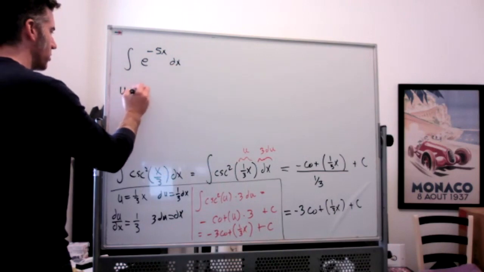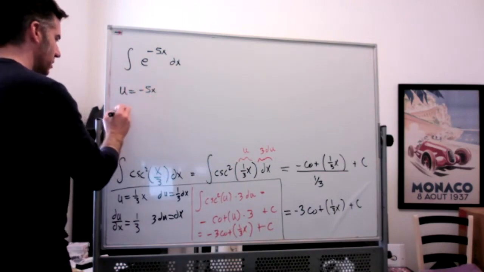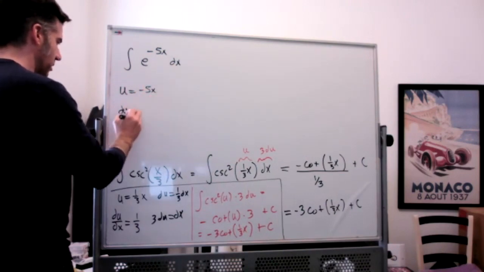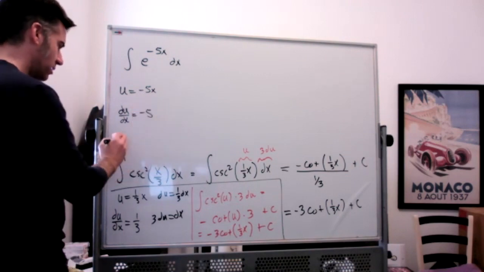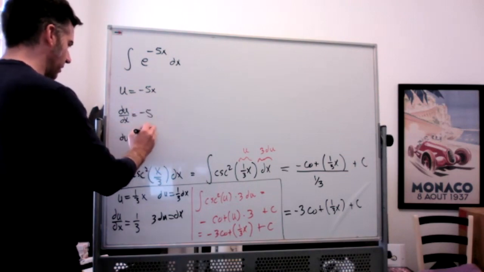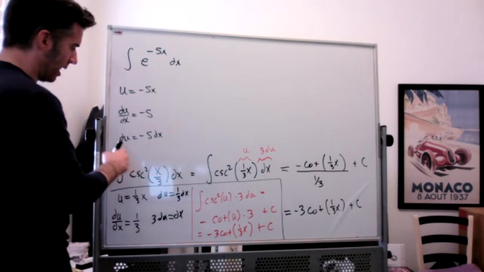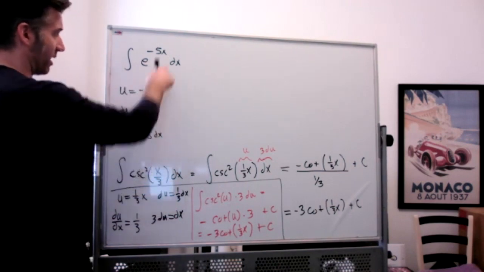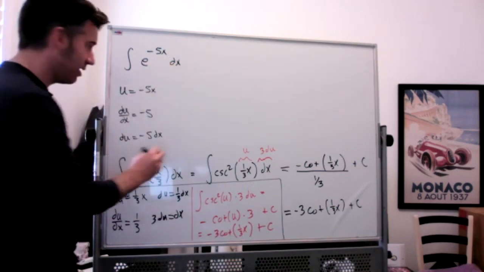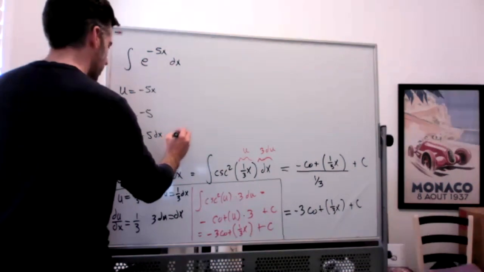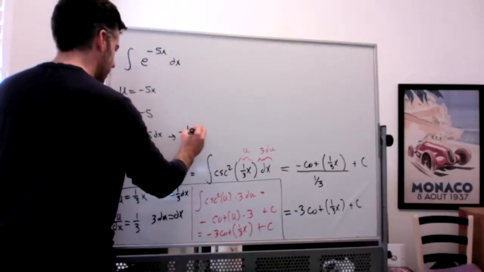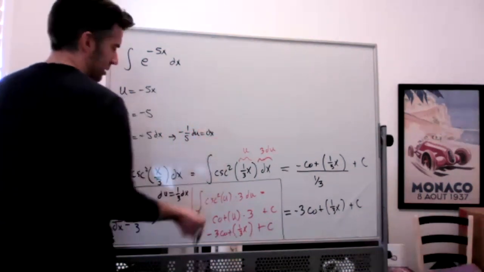Let u equal negative 5x. du/dx is going to be negative 5, so du is negative 5 dx. Since I don't have a negative 5 dx, I'm going to divide by negative 5, and say that negative 1/5 du equals dx.